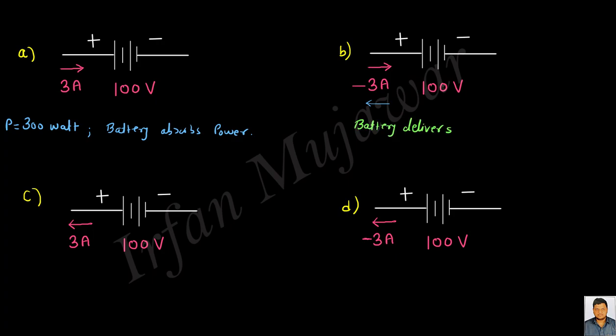And how much power will it deliver? Again 100 into 3, that is 300 watt power. Now what will be the behavior of the circuit if it is delivering the power? It is obvious, whenever it delivers the power, this particular circuit will be discharging. Here, if it takes the power, the behavior of the circuit will be charging.